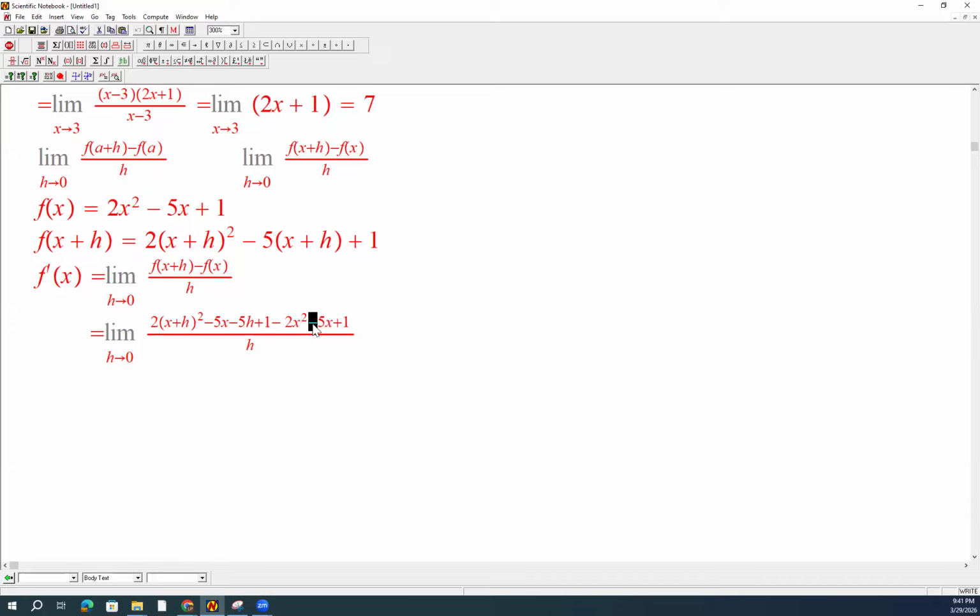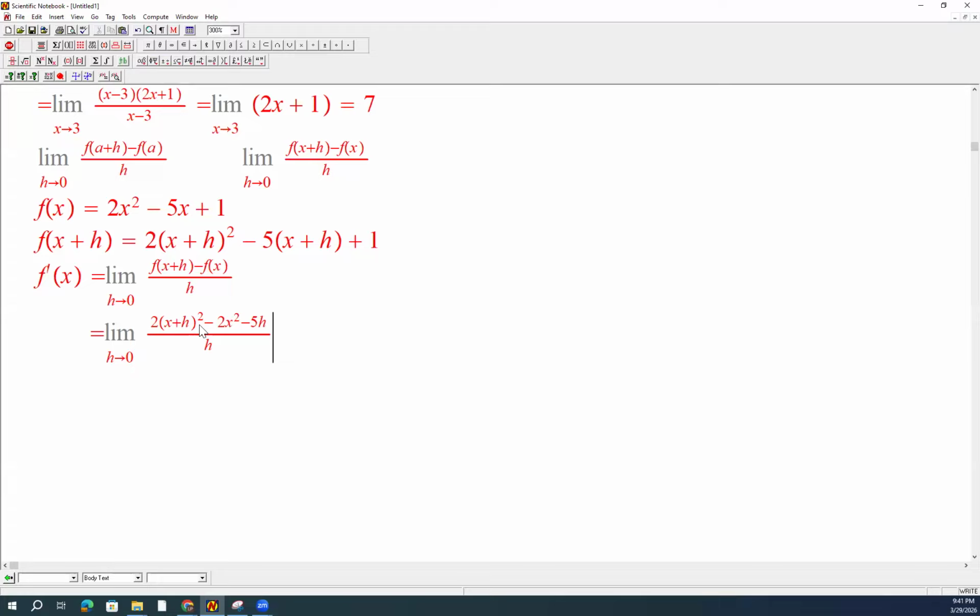So this will turn to plus, and this will be turning into minus. 5x and 5x will be reduced. Plus 1 minus 1 will be reduced. So this will be gone. Negative 5x, positive 5x. So we have minus 5h here.